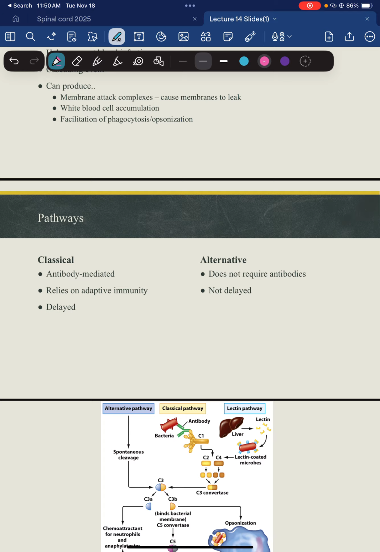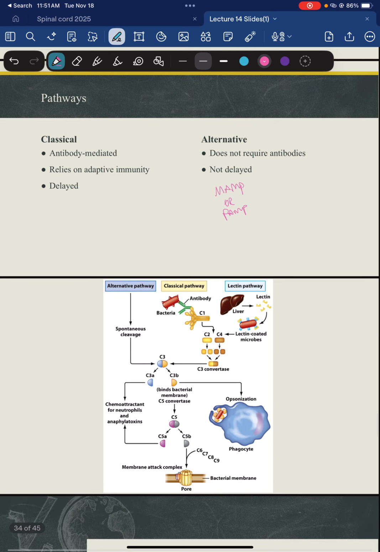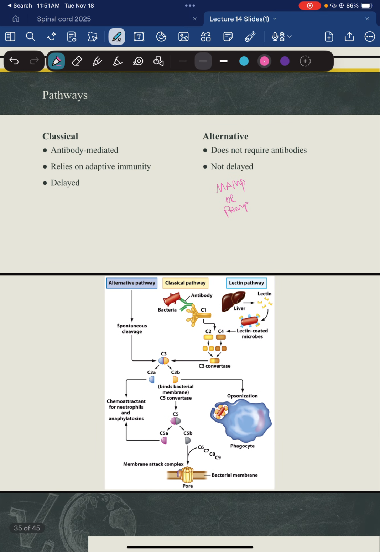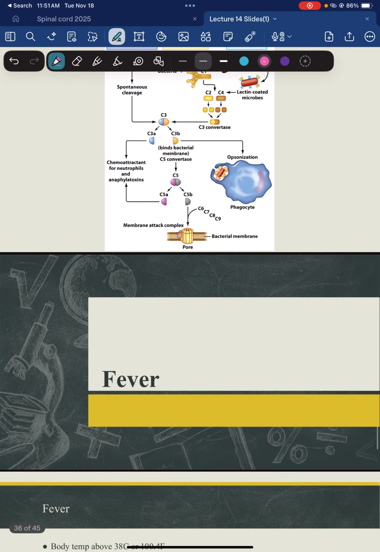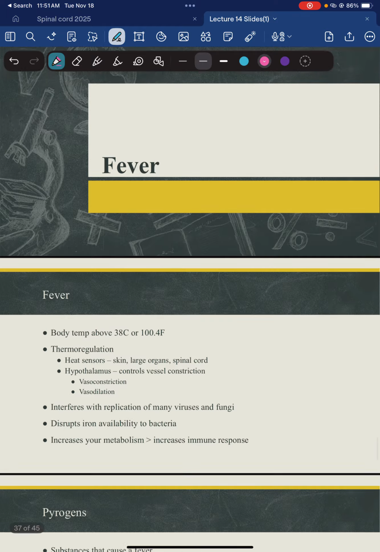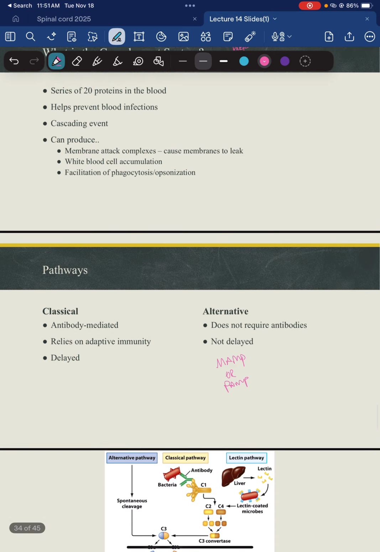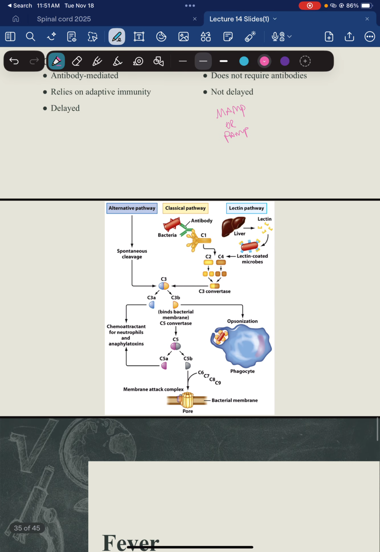Once it does get activated, it uses what's known as a membrane attack complex. It stabs it until it dies, and then gets cleaned up by your white blood cells. Yeah? Poking holes is a really effective way to kill a bunch of cells. You don't have to know this diagram and how things work, but this is the cornerstone.